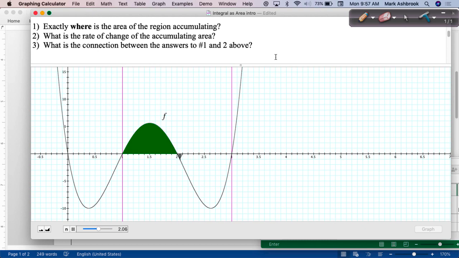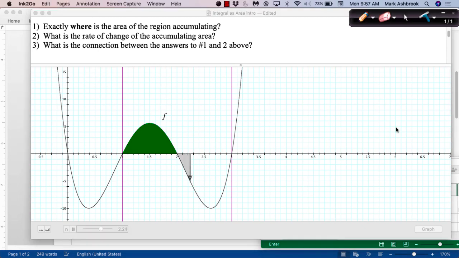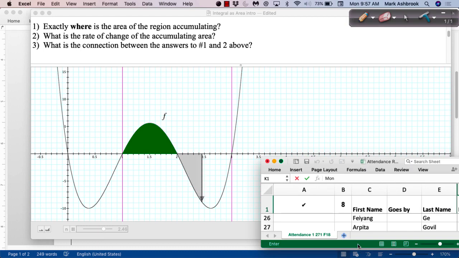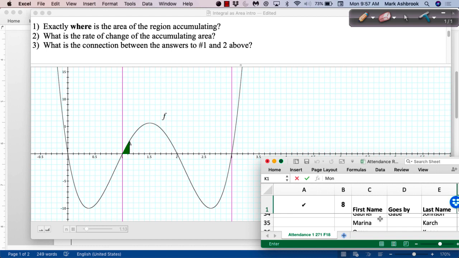Okay, let's see what you talked about. Here we go. Marina, so we're looking at the region at any given moment. Where is it accumulating? Where's the accumulation happening? To the right.